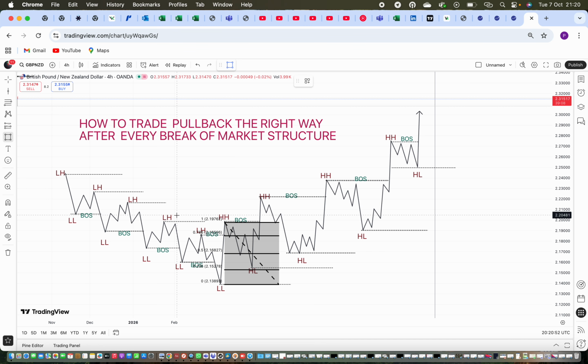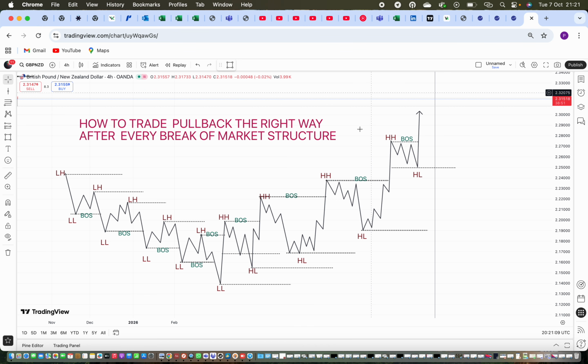So I can easily mark this 50% zone, knowing fully well that when price trade below this 50% zone and I see a shift of market structure, I'm going to make a decision to continue to trade with the trend.